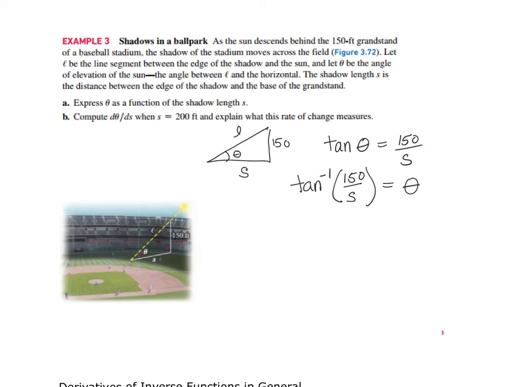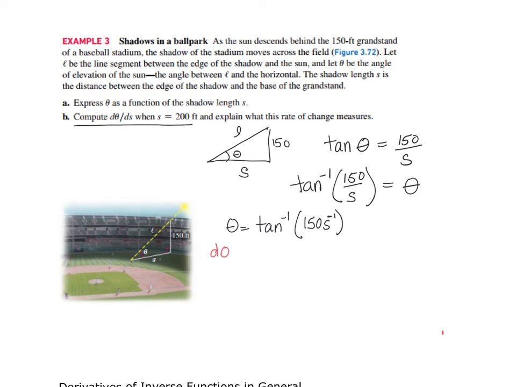Now we want to compute d theta ds when S is 200 feet and explain what that rate of change actually measures. So first, I'm going to rewrite this as inverse tan of 150 S to the negative 1. That'll just make finding my derivative a little bit easier.